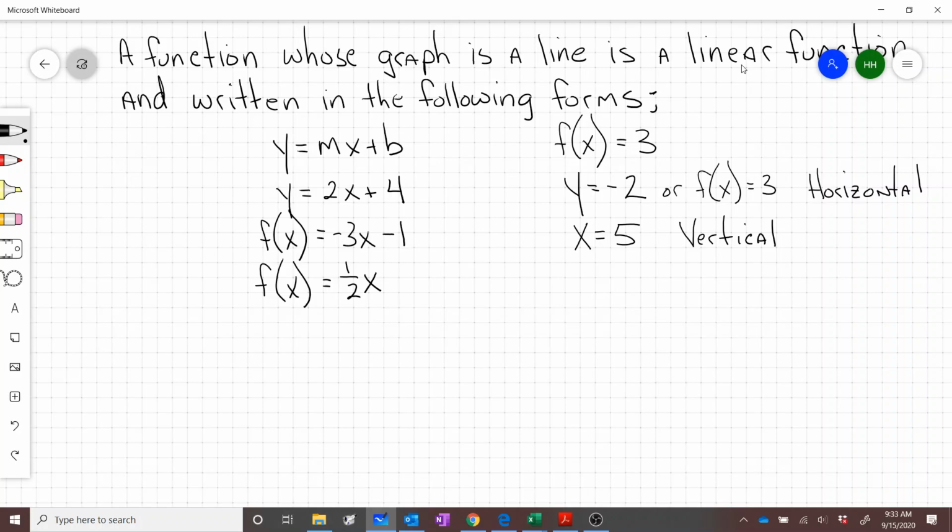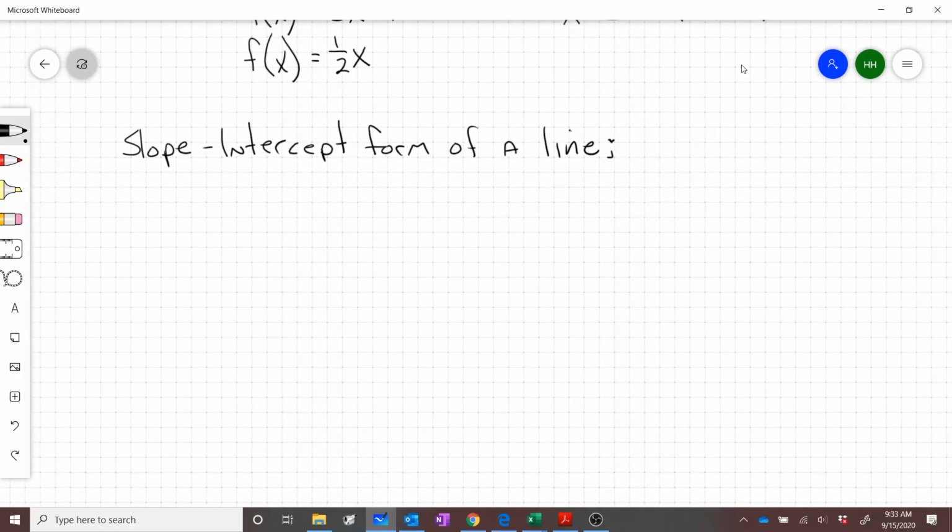Okay, slope-intercept form of a line. Slope-intercept form of a line is when the line is in the form of y equals mx plus b, or f of x equals mx plus b.